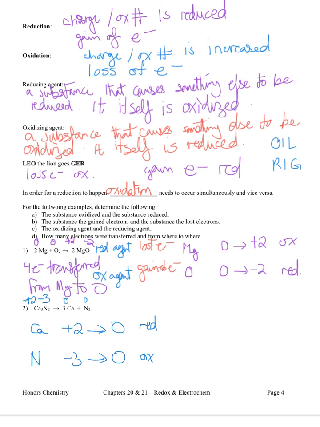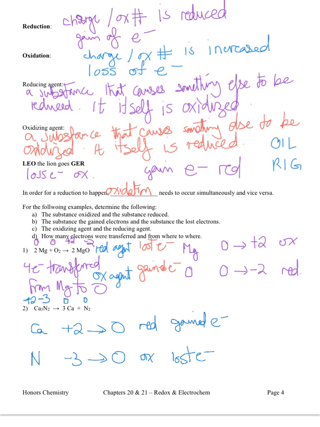So the calcium got reduced, the nitrogen got oxidized. Okay, let's look at letter B. Which substance gained electrons and which substance lost electrons? LEO goes GER. Loss of electrons is oxidation. So whatever is oxidized lost electrons. GER, gain of electrons, is reduction. Whatever got reduced gained electrons.